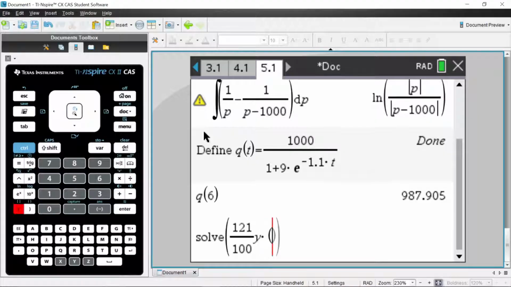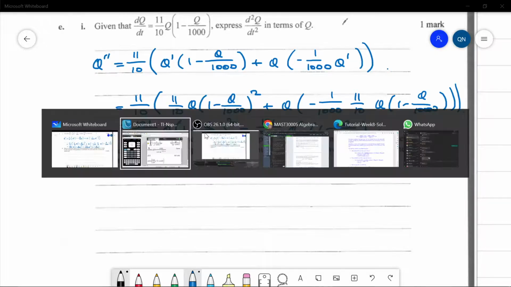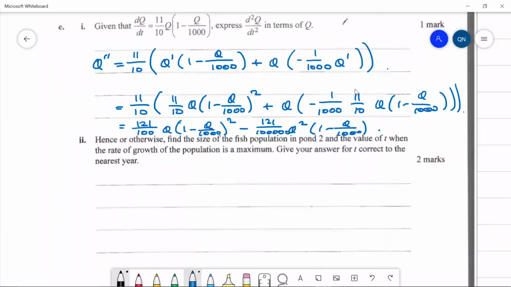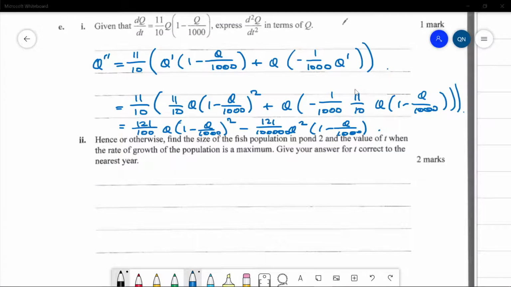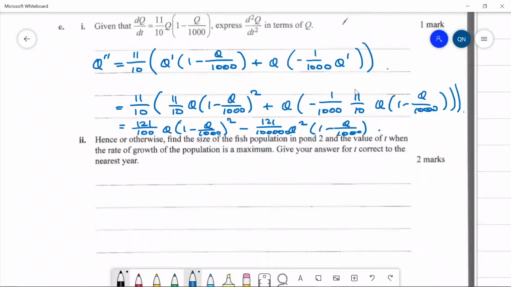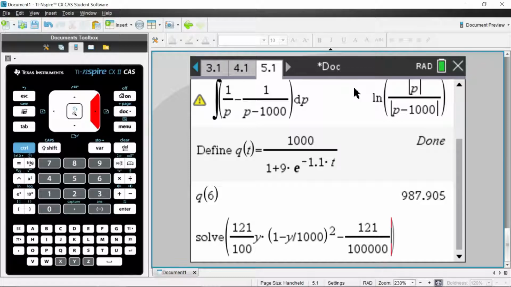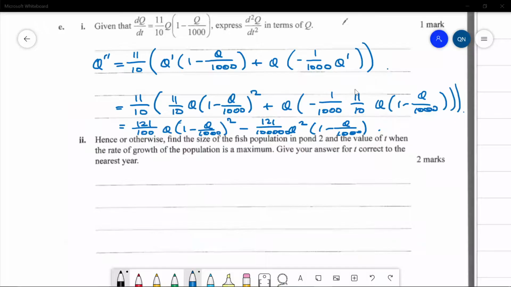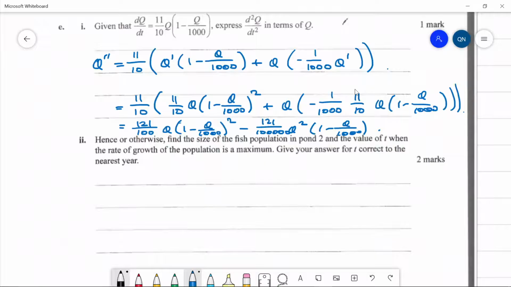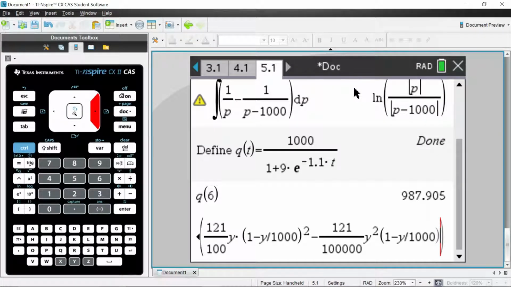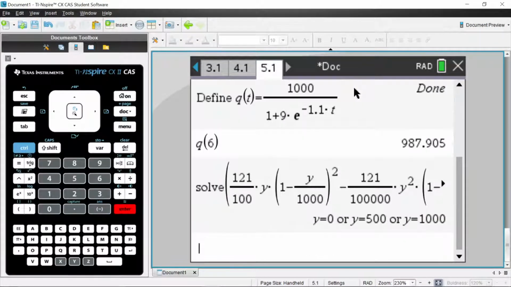So we have y times 1 minus y on 1000. But this is squared, and then we have minus 121 over 100,000, and then we have y squared. And then 1 minus y on 1000. We solve this equal to 0 for y.